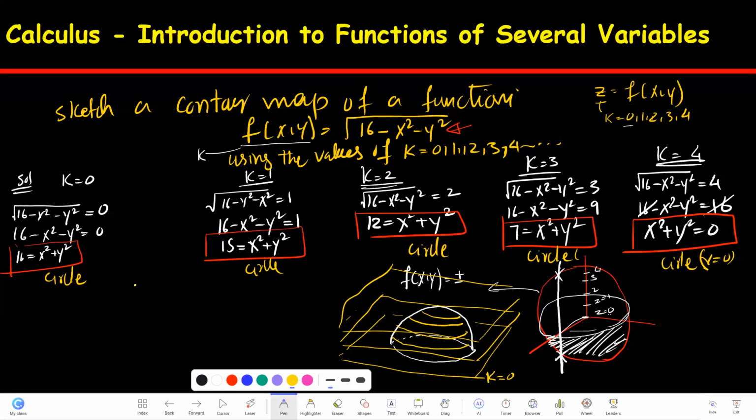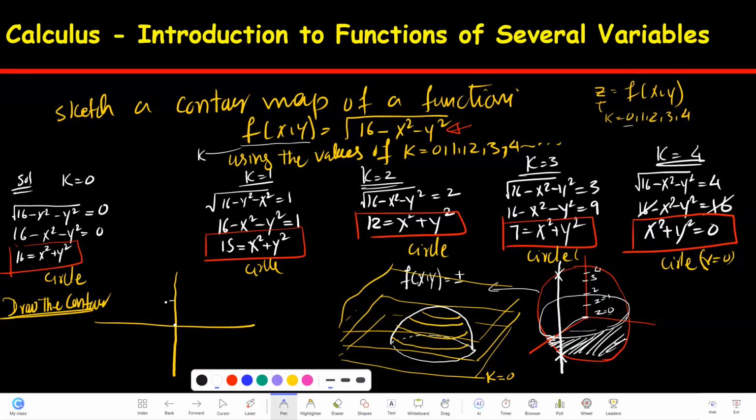But if I want to draw the contour, it's going to look like this. K equals 0 means a circle with 0 radius in the center.